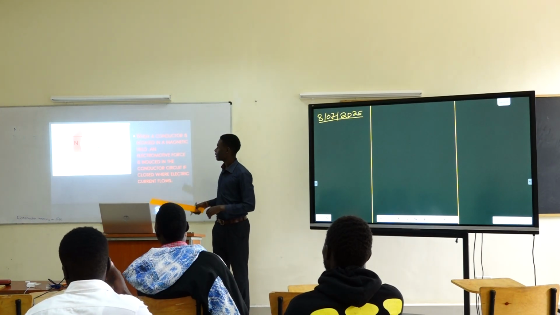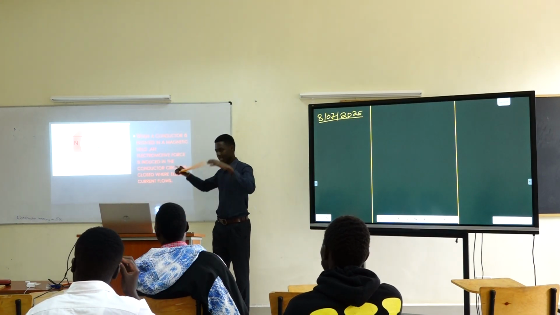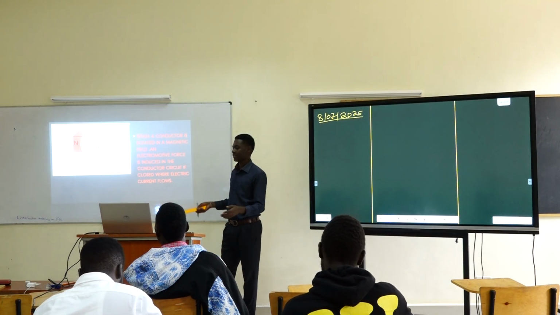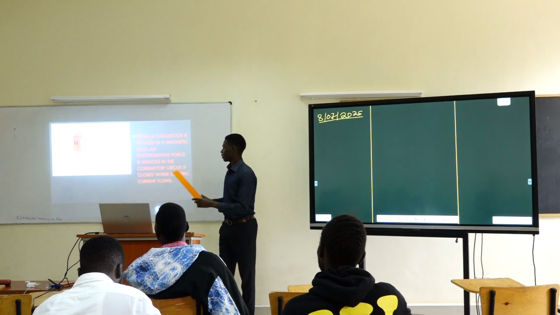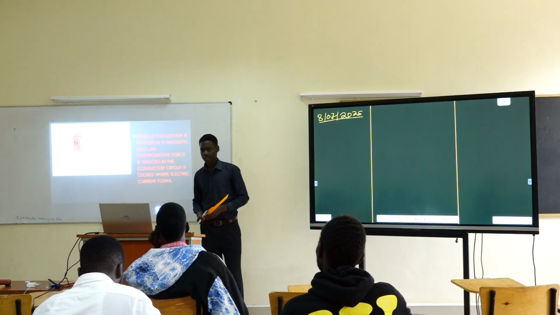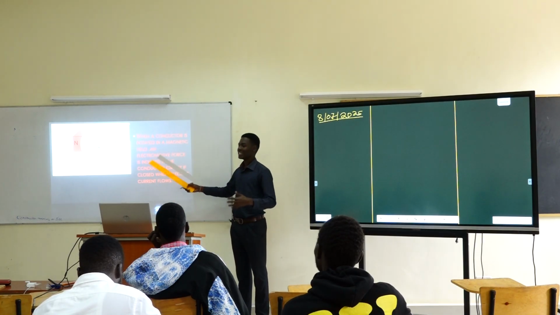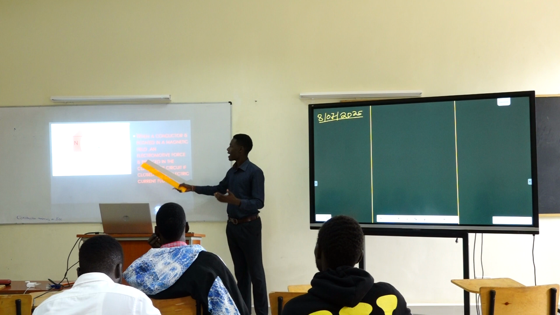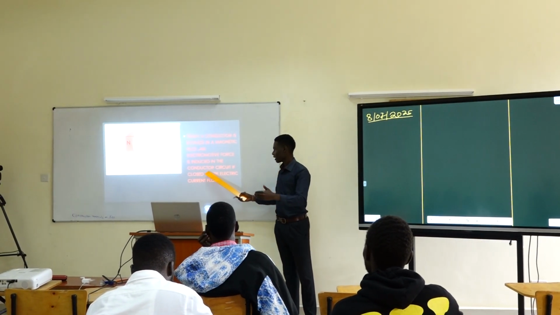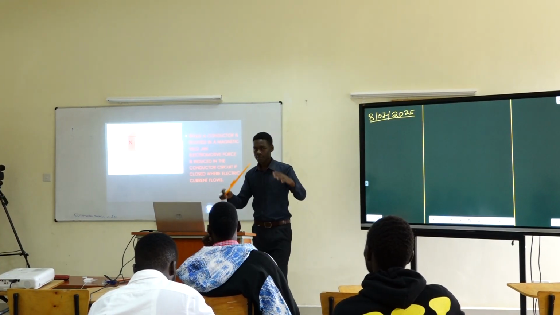He has said something relating to a conductor when it rotates in a magnetic field where an EMF is induced in the conductor. So, Faraday's law states that when a conductor is rotated in a magnetic field, an electromotive force is induced in the conductor circuit if closed where electric current flows.